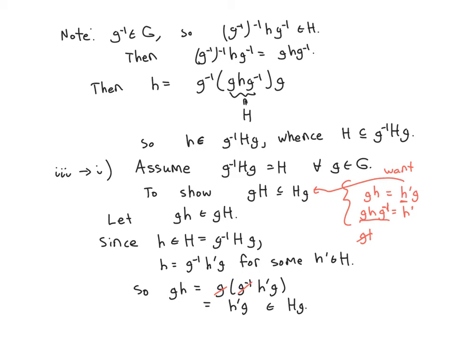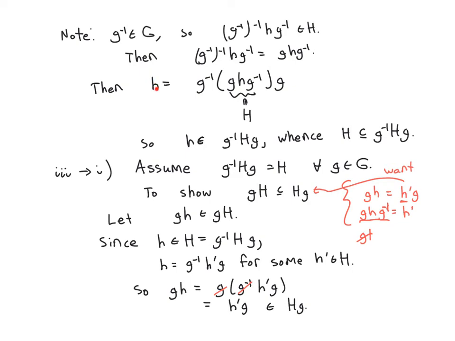And remember, our hypothesis is that capital H, our subgroup, is closed under conjugation by every element of the group G. In particular, it's not only closed under conjugation by little g, it's also closed under conjugation by little g inverse. So, in fact, this element is an element in H. And so this element is an element in H as well.